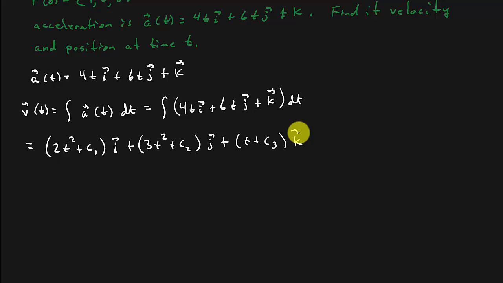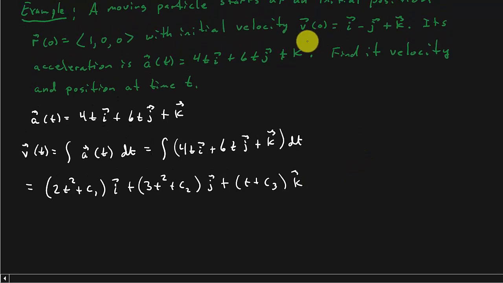Now, they give us a condition that says v of 0 equals that. So if I plug 0 in for t, it should equal this. So I have v of 0. Let's see. Well, I'll do it right here. V of 0. So notice if we plug 0 into here, I end up with just C1. Plus, and if I plug 0 into here, I end up with C2.